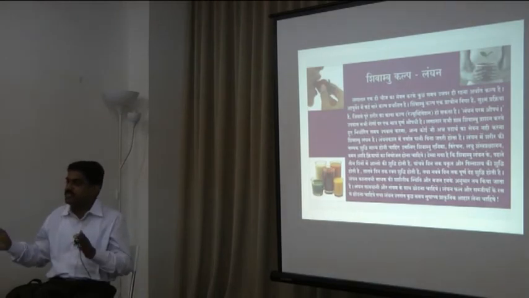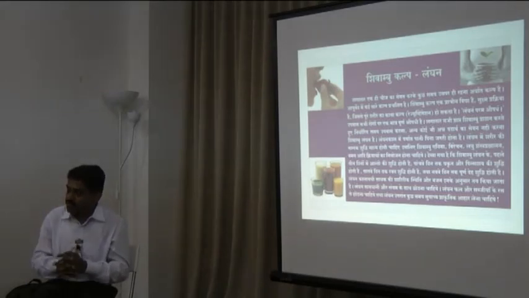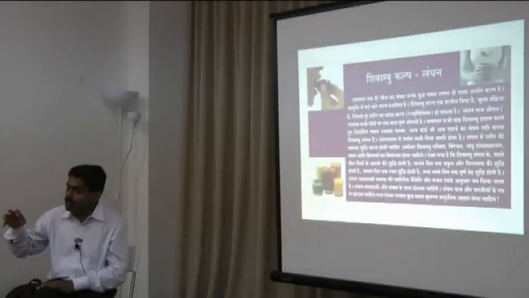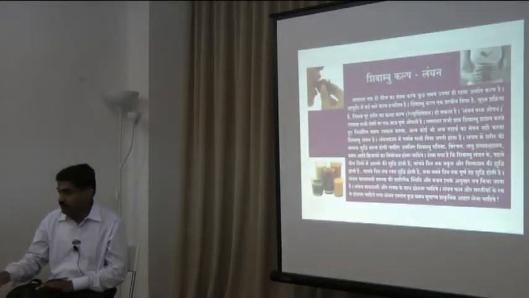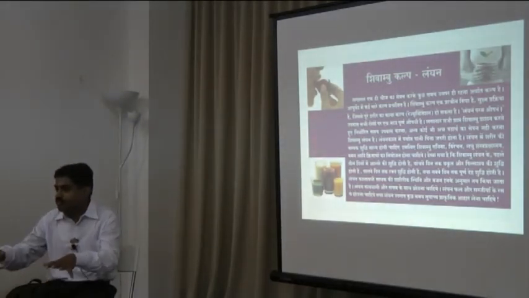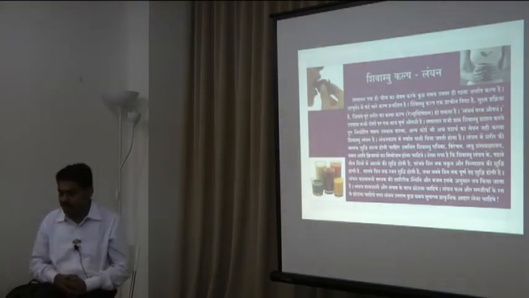So for 6 days, you only consume green juices, nothing else. There are some where they use only roots. Beetroot or carrot, all those of the root type, their juices are taken and the fasting is done. There are different types for that.